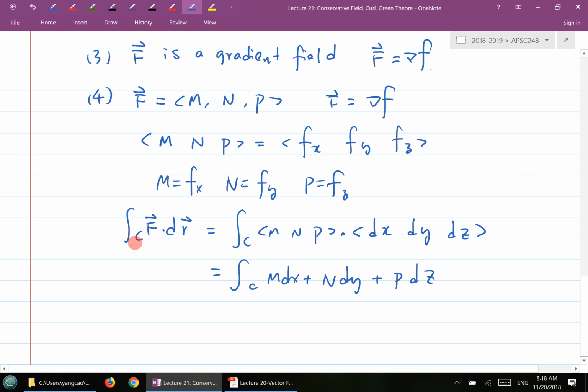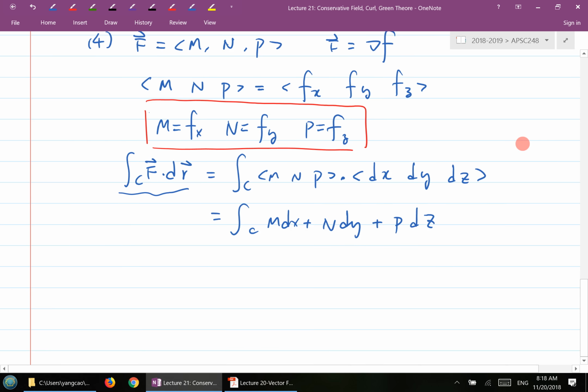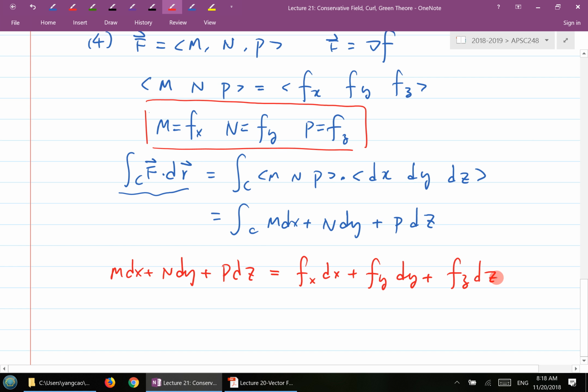But when we do the calculation, I always mention this: you don't have to remember all the formulas, but just use the one that you're most comfortable with. So if M, N, and P are actually a result of the gradient of this scalar function f, then this M dx plus N dy plus P dz basically is fx dx plus fy dy plus fz dz.